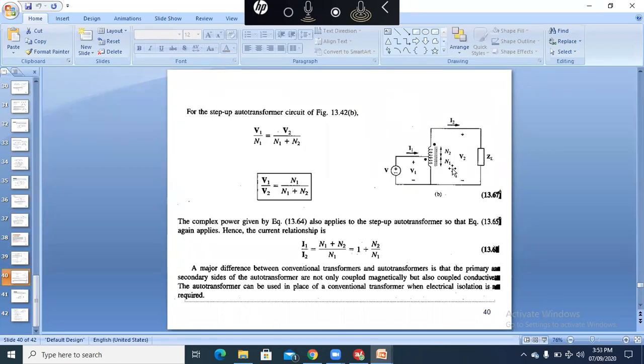You can see here at the step-up transformer, the ratio of V1 over V2 is equal to N1 divided by N1 plus N2. And the vice versa is the case for the current ratio.